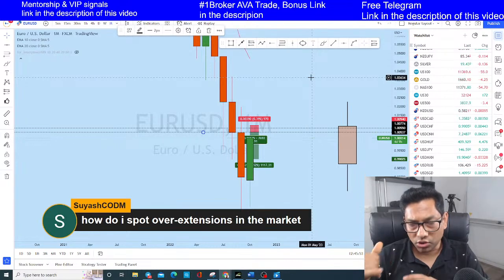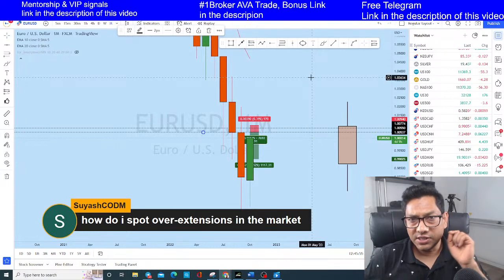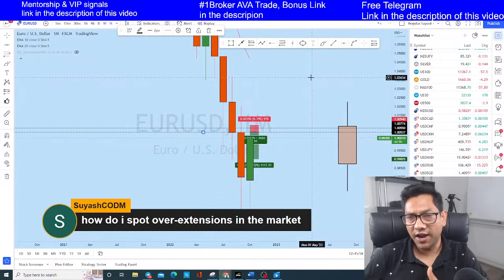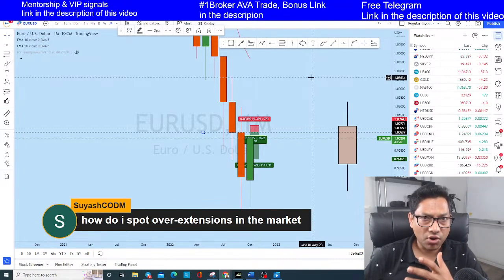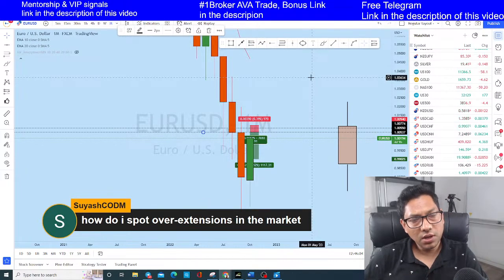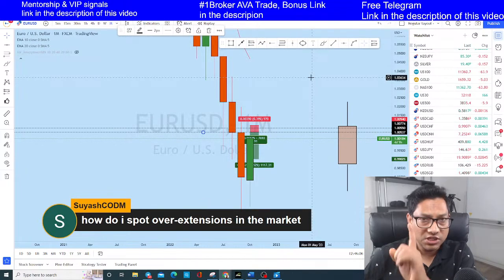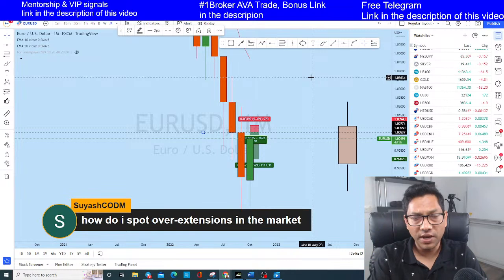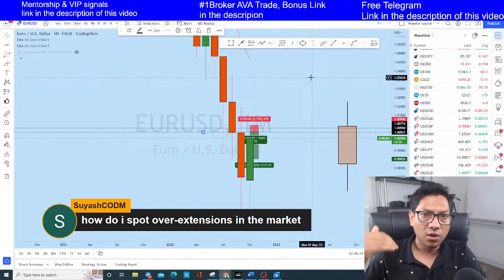To consider an overextension, you always need to give first weight to the trend. When the trend is down, and the price is moving in the opposite direction of the trend in a higher time frame, in an important area such as the monthly opening and closing or monthly high, that is an overextension.